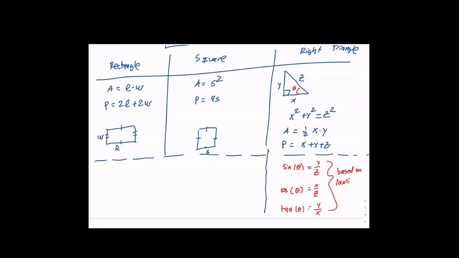This is based on the location of theta. In other words, if I put theta on top, then it would change. This is based on the adjacent side being labeled as x. So these are the formulas you'll need. The ones in red that I just added, you will utilize in the coming lessons.